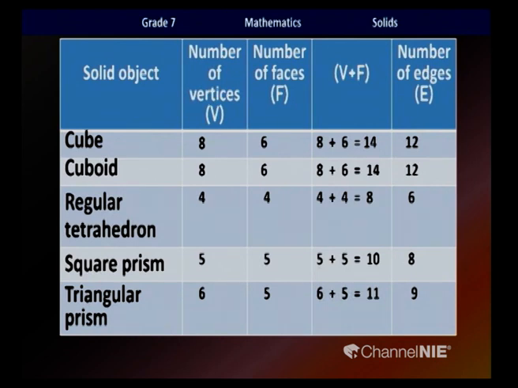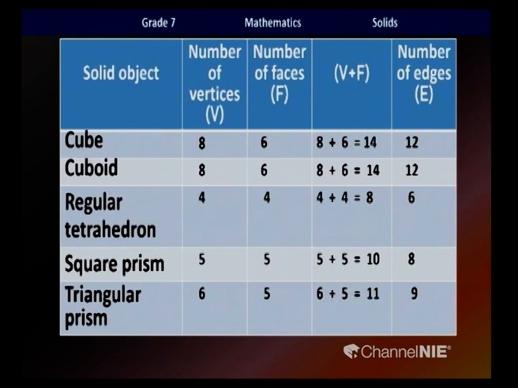Then in the cuboid, the number of vertices is 8, the number of faces is 6. Once again, the addition of the number of vertices and faces is equal to 14. Then the regular tetrahedron, the number of vertices is 4, the number of faces is 4. Once again, the addition is equal to 8. Then the square pyramid, the number of vertices is 5, the number of faces is also 5.